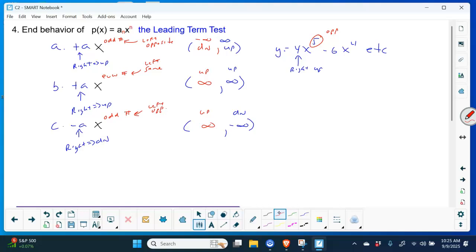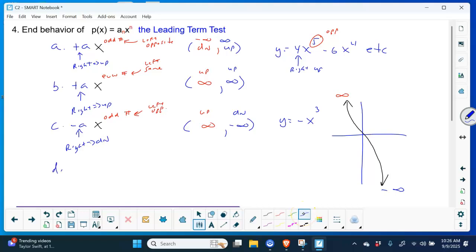So this is infinity, negative infinity. Let me show you an example. If we had y equals negative x cubed, this thing is going to come from positive infinity and end up at negative infinity, right? Because the lead coefficient was a -1 and the exponent was odd.